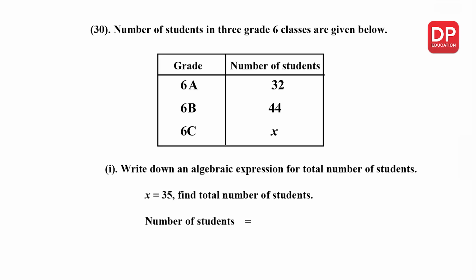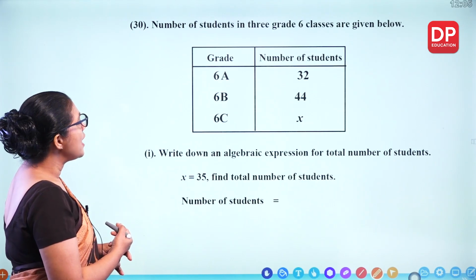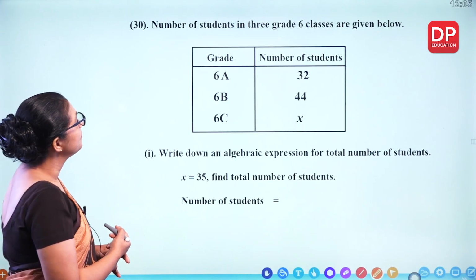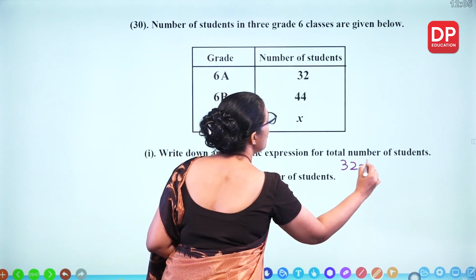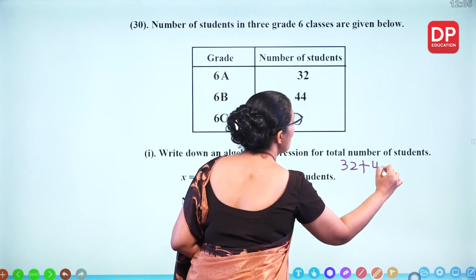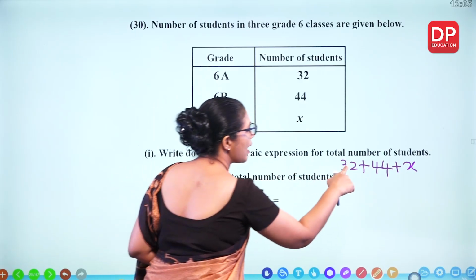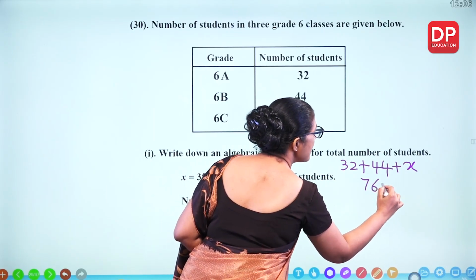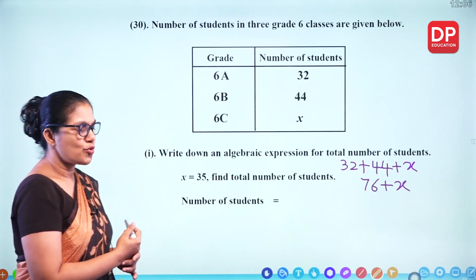Number of students in 3 grade 6 classes are given below. Write down an algebraic expression for the total number of students. 32 plus 44 plus X. You can simplify this: 2 plus 4 is 6, and 3 plus 4 is 7. 76 plus X is the total number of students.